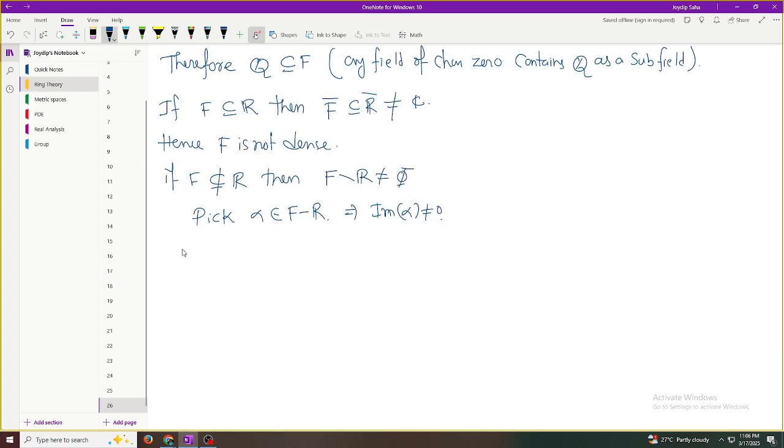Since the dimension, this implies 1, alpha is linearly independent over R.